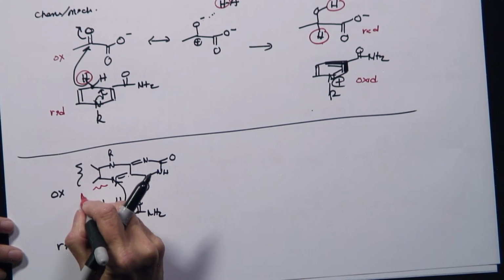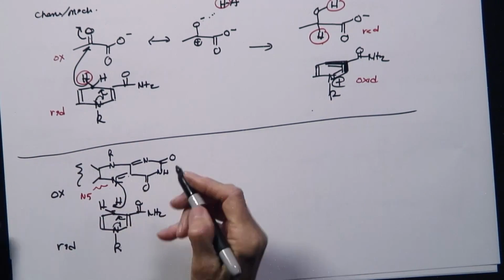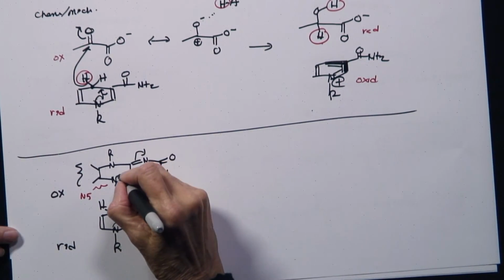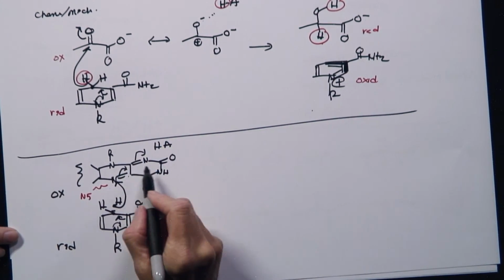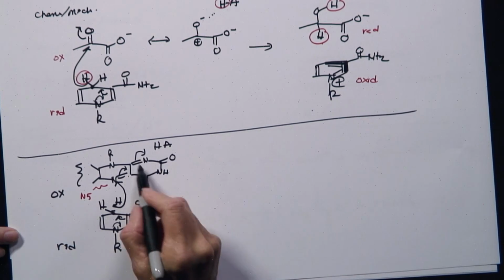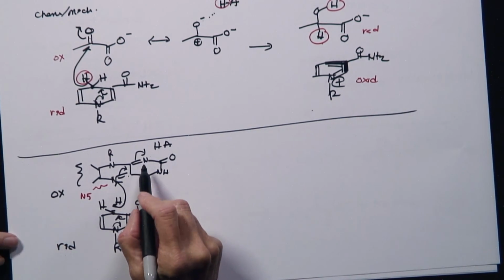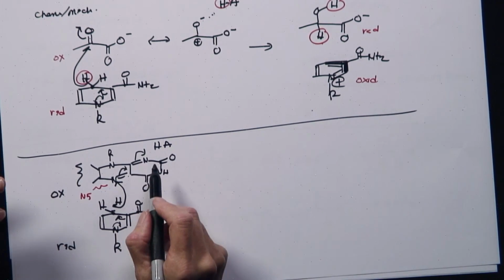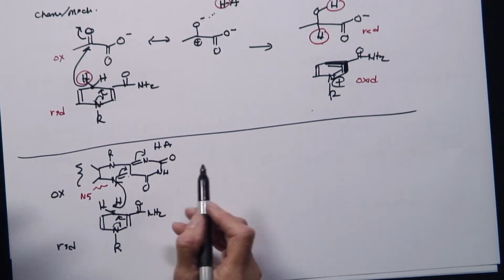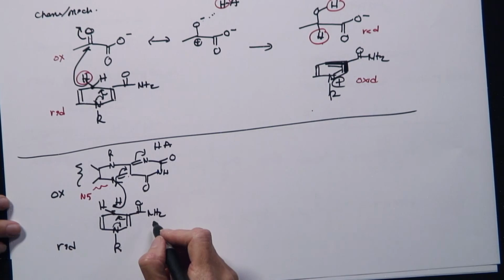So you have hydride transfer to the N5 position. And now you can pick up a proton or not at this position. I'm going to show you the pKa. If you go back and you look at the handout in the lexicon, you'll see the pKa of this nitrogen is under physiological conditions about 7, so it can be protonated or not protonated.